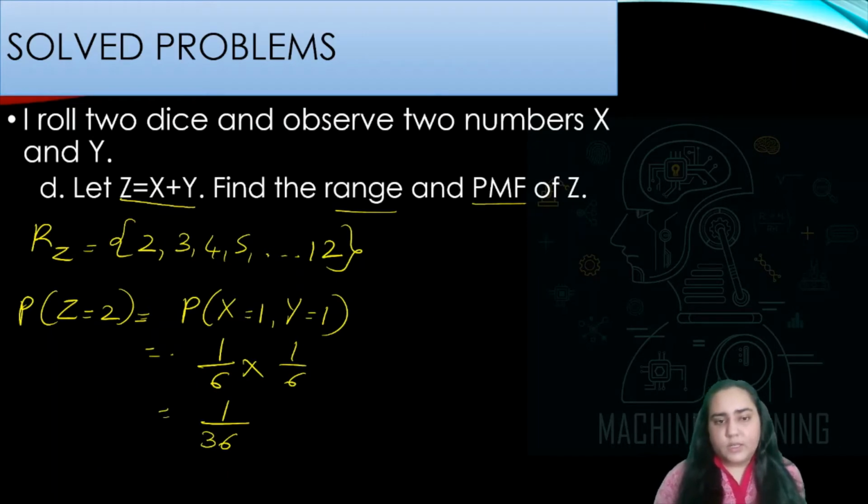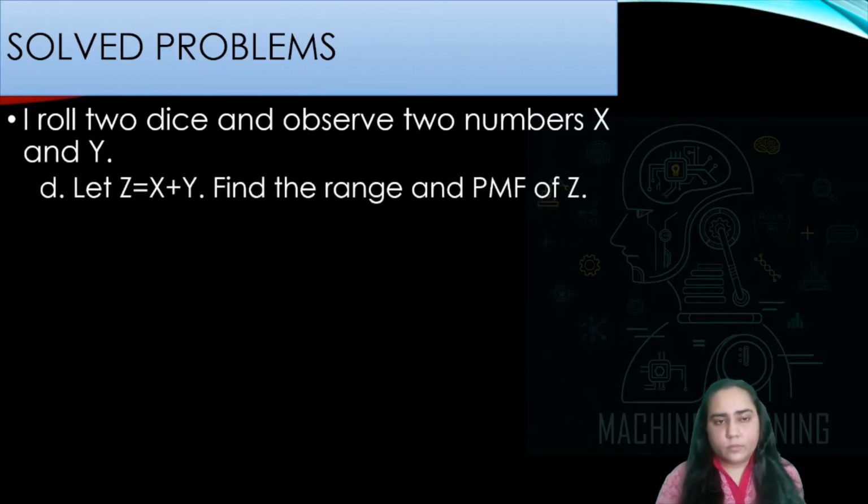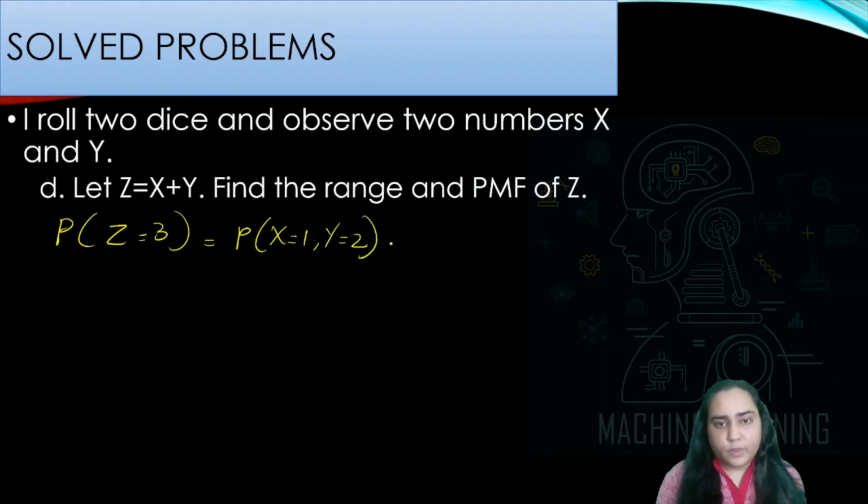Now let's calculate another probability. This time, probability of z equal to 3. When can you get z equal to 3? When you have x equal to 1 and y equal to 2, or you have x equal to 2 and y equal to 1.